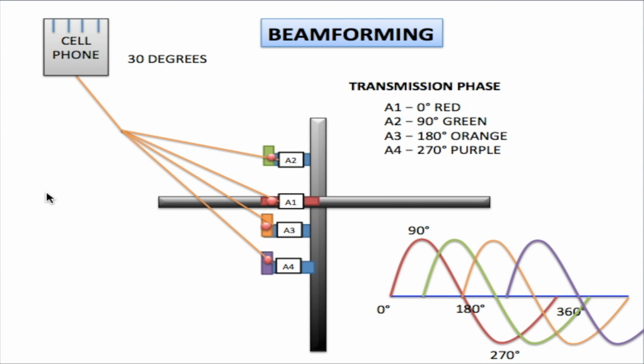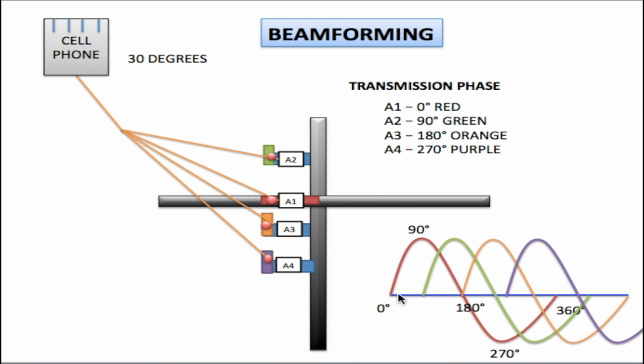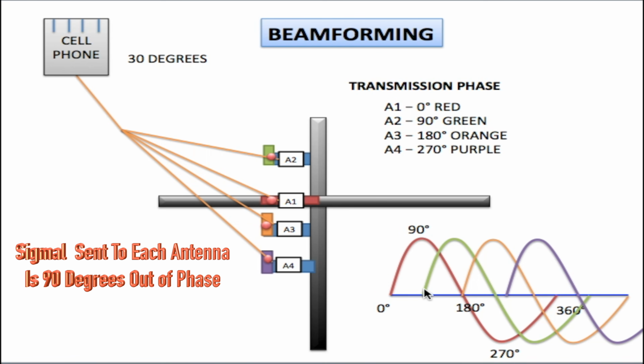So we're going to be talking more about that now. You'll notice under here I have a graph, and the one in red represents A1, and it starts at 0 degrees and goes right to 360 degrees. Now A2 starts at 90 degrees because it's 90 degrees out of phase.